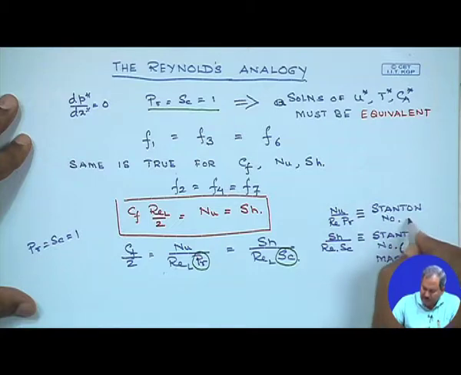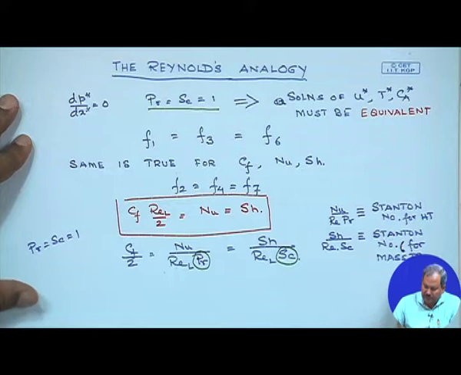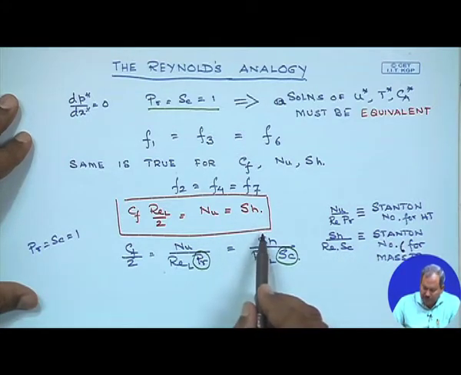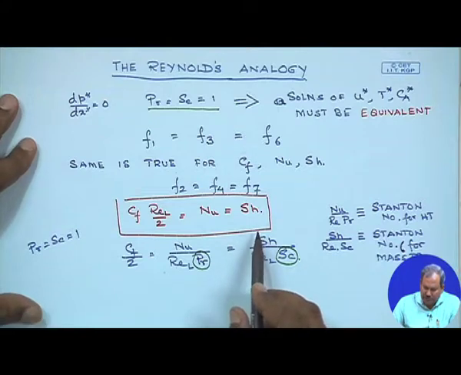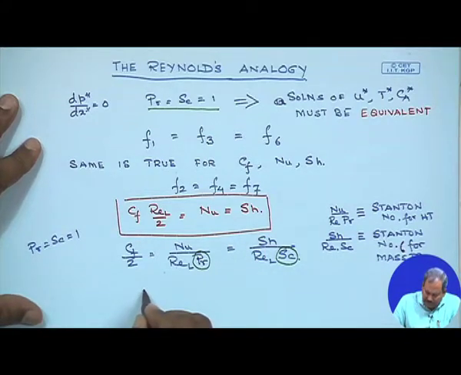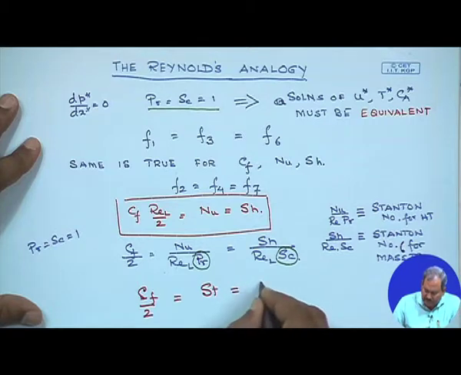So, this is Stanton number for heat transfer and this is Stanton number for mass transfer. These are just definitions. So, a more generalized and modified form of Reynolds analogy is written as Cf by 2 is equal to Stanton number based on heat is equal to Stanton number based on mass.